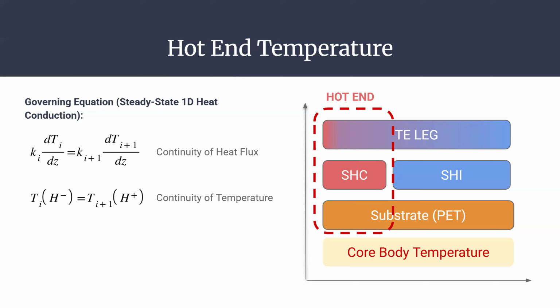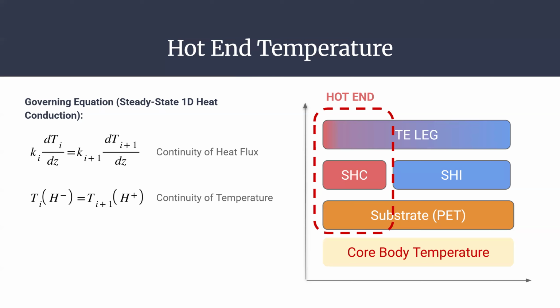In addition to these linear equations, we also have those governing equations that describe the boundary conditions to help us solve this linear system. The first one that we use here is the continuity of heat flux, which is dictated by this equation: k sub i times dT sub i over dz equal to k sub i plus 1 times dT sub i plus 1 over dz.